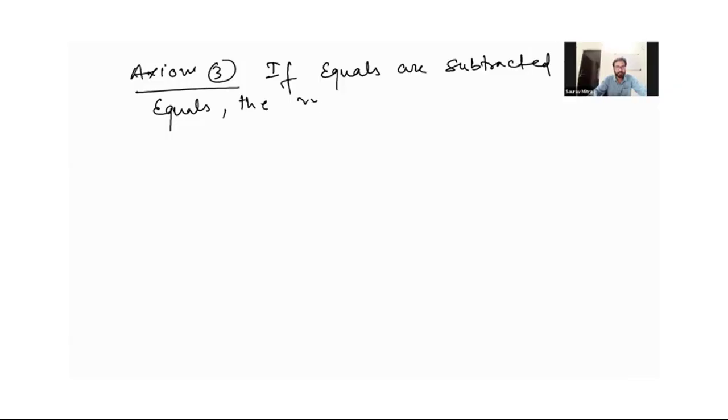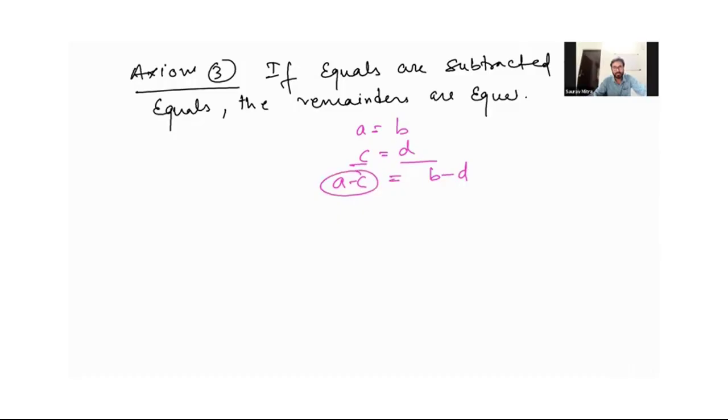That means if I say A is equal to B and C is equal to D, and equals are subtracted, A minus C and B minus D, so the remainders, these are also equal to each other. This is your axiom 3.